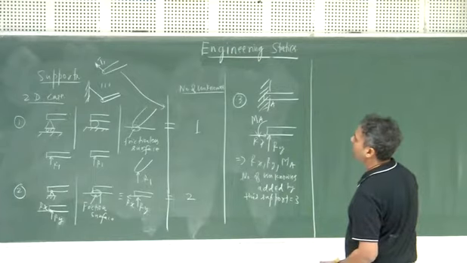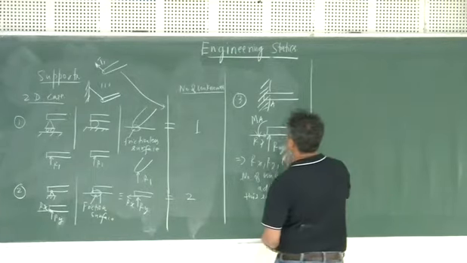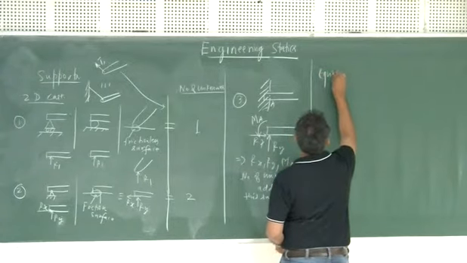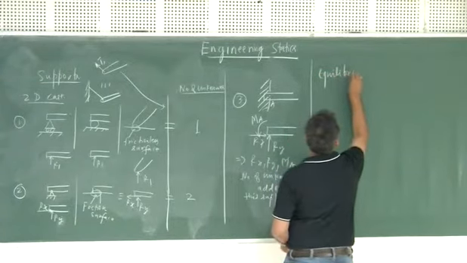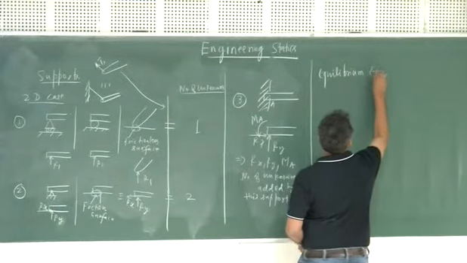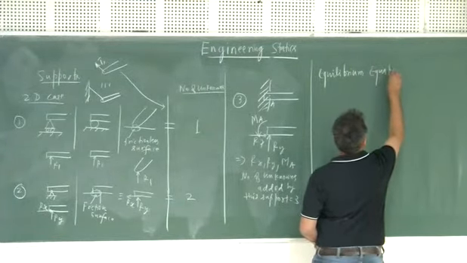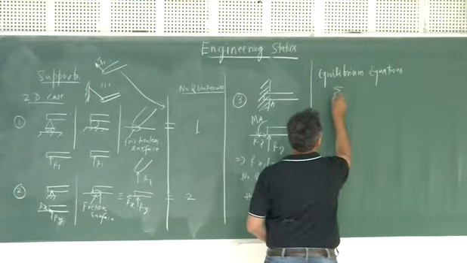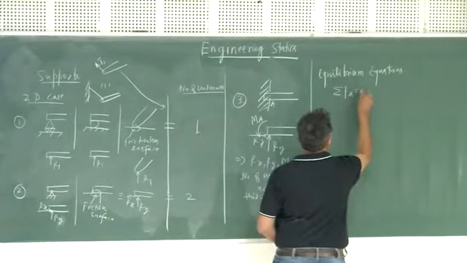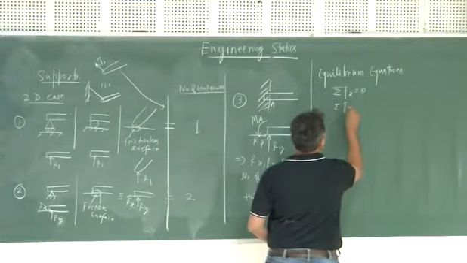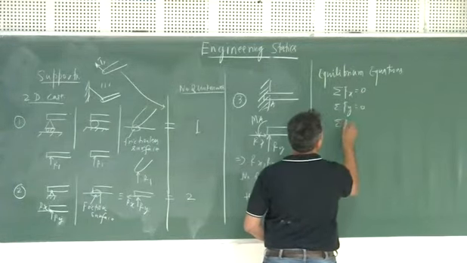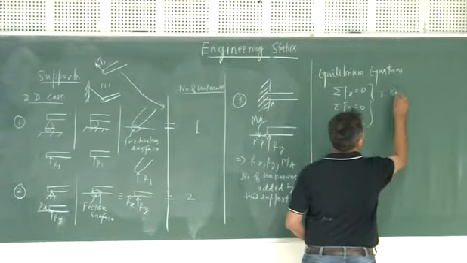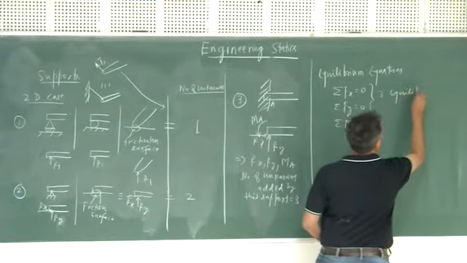So what will be the equilibrium expressions? The equilibrium equations, when you write them, are basically summation of Fx equals 0, summation of Fy equals 0, and summation of M equals 0.